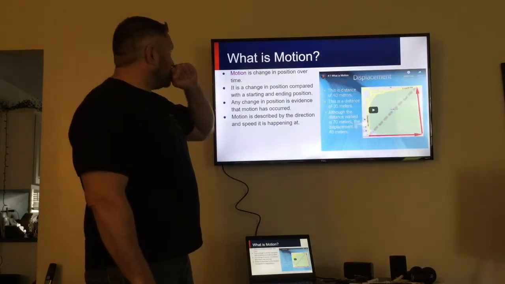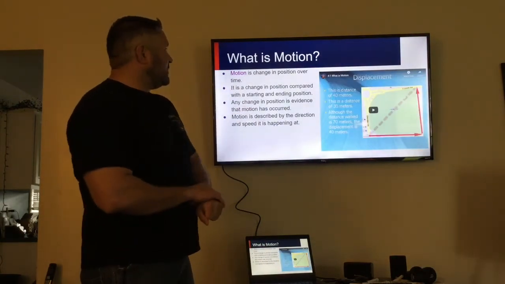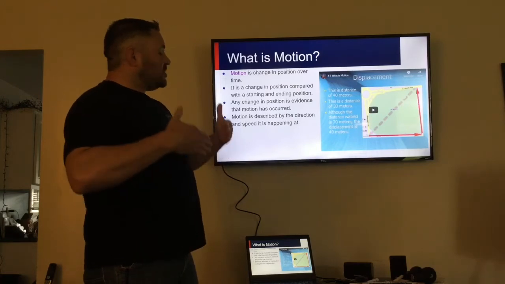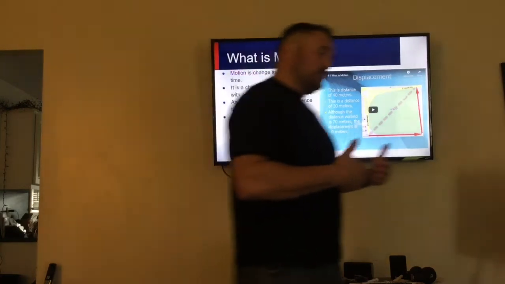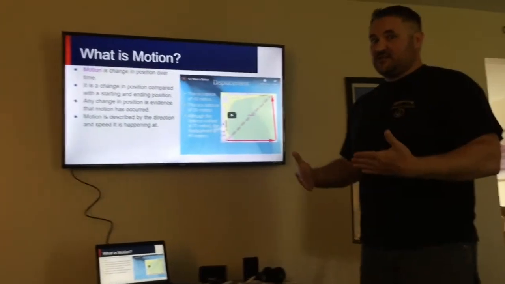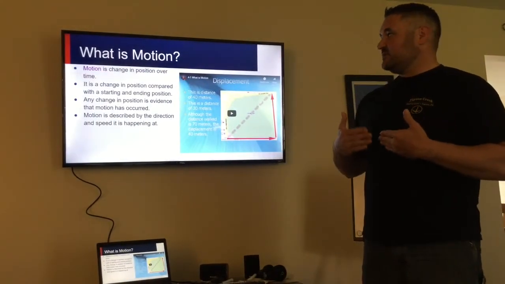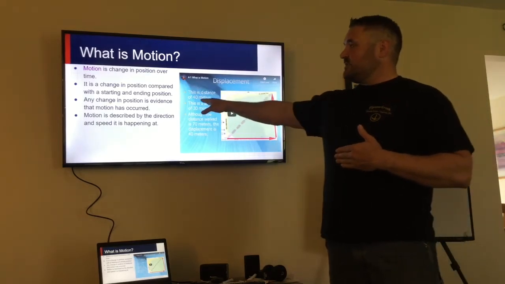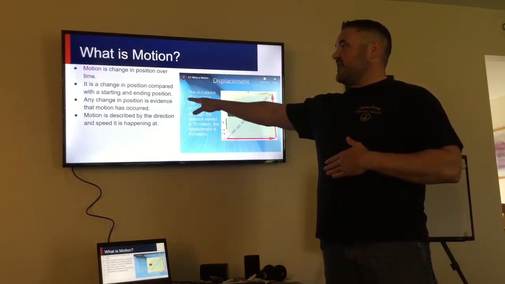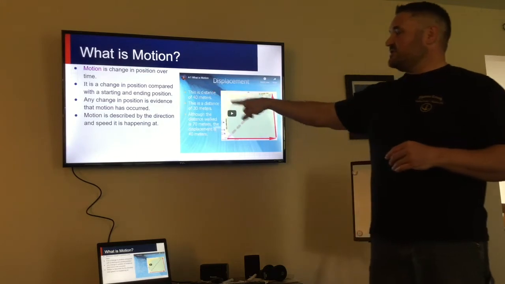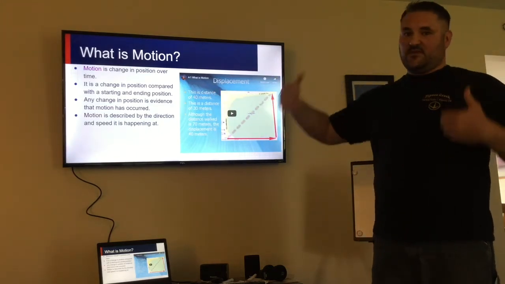What is motion? Motion is change in position over time. Basically, you started somewhere, you end somewhere else, and then you compare the amount of time that it takes you to do that change. Any change in position is indication that motion has occurred. Motion is described by the direction and the speed.